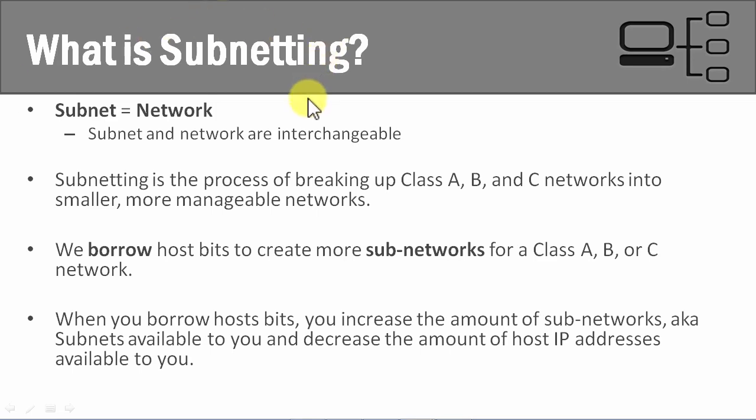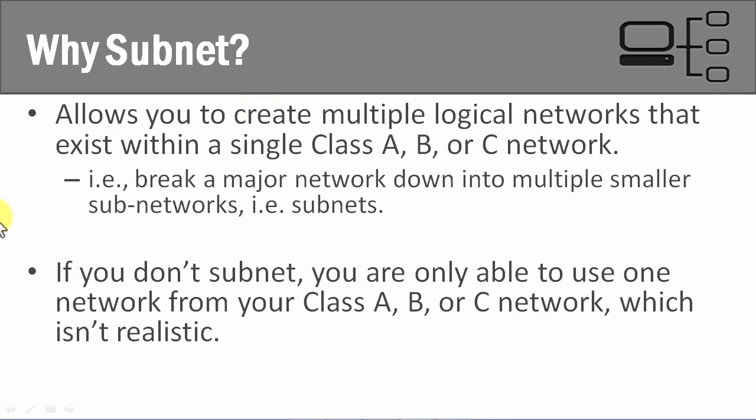So let's talk a bit more about subnetting. Why do we do it? Again, we do it to break up our larger networks into smaller networks to make them more manageable. And if you aren't subnetting, you're really just putting yourself in an unrealistic situation.